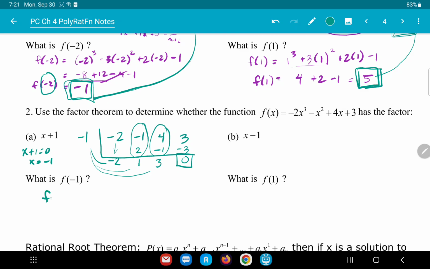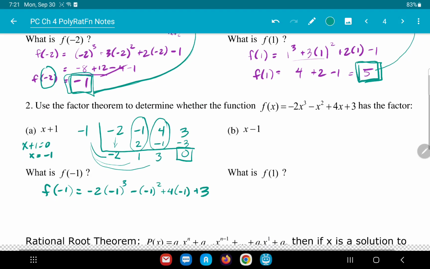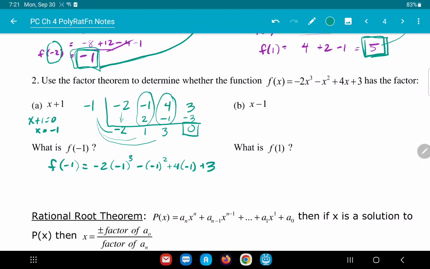If we do the evaluated value, f of negative 1, let's see what happens. You're going to get negative 2 times negative 1 cubed minus negative 1 squared plus 4 times negative 1 plus 3. Negative 1 cubed is negative 1 times negative 2 is 2.